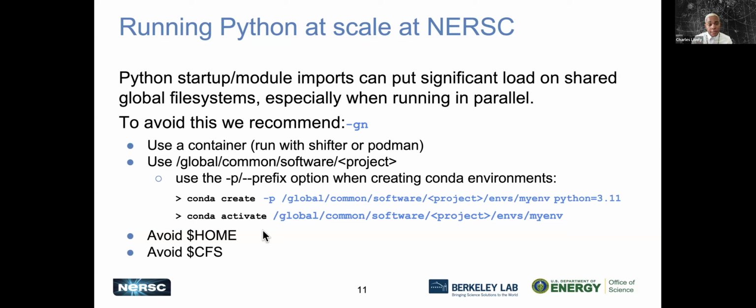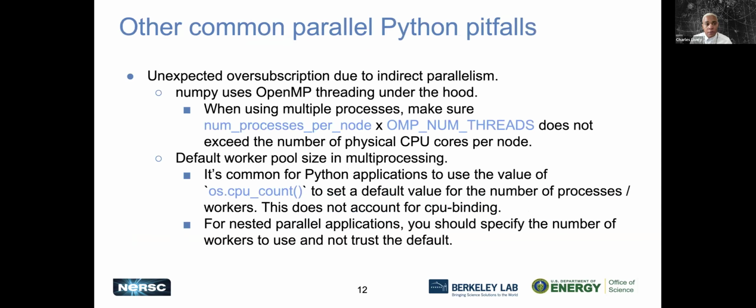Of course, use a container, Shifter or Podman. Try to make sure you specify your Conda environment appropriately. And some key things is avoid using your home directory, as Lippy mentioned as well, and avoid trying to run from CFS as well. Okay. So those are some best practices for running Python at scale at NERSC.